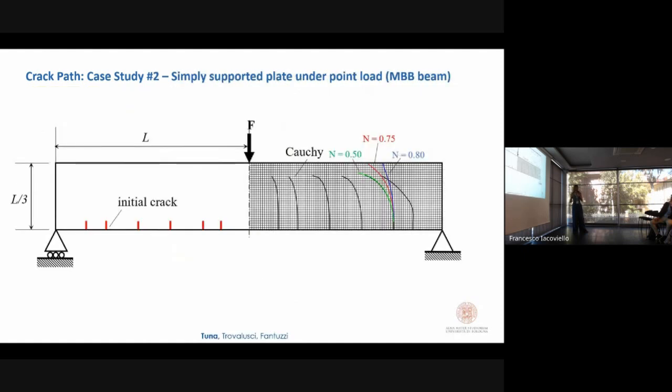Because in another case study, which is a bending beam subjected to a point load, this is a mode 1 dominated case, but because there is bending and bending affects couple stresses, you can see that again, we have very different crack trajectory between Cauchy and micropolar continuum.